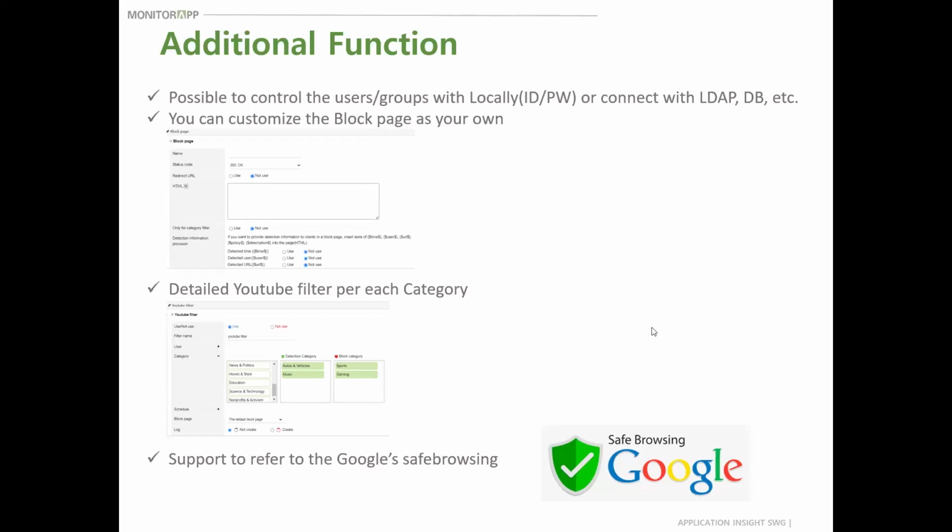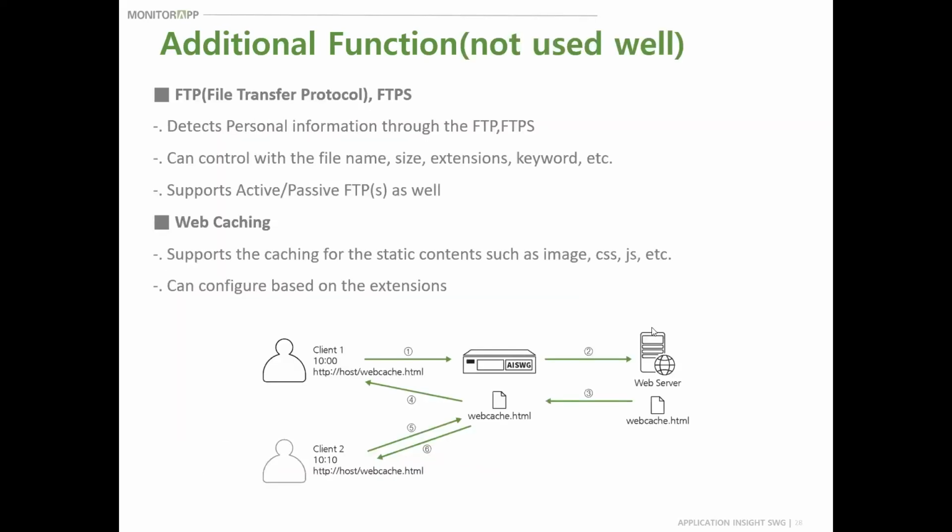Also, if you configure the YouTube API, it's possible to control YouTube content on a per-category basis based on the information YouTube provides. And Google's safe browsing function is also supported. Not used much in the real world, but I would like to inform you that SWG supports controlling file transfer protocol and web caching to accelerate web access as well.